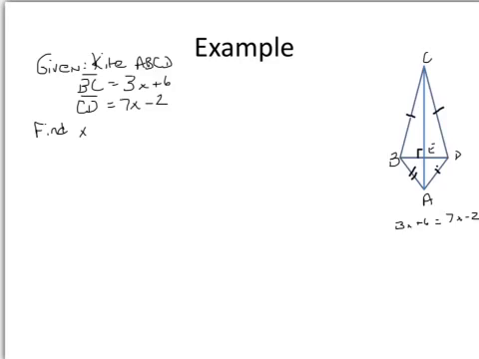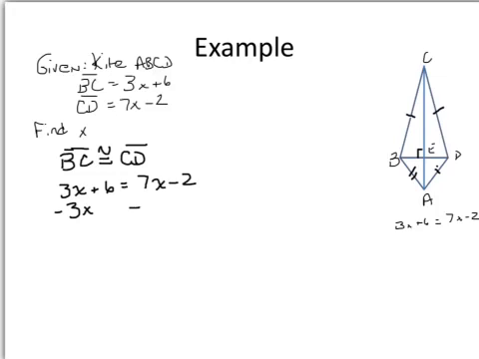So we know that side BC is going to be congruent to side CD. Does that make sense? Which means 3x plus 6 will equal 7x minus 2. Subtracting 3x from both sides and adding 2 to both sides, we get that 4x is equal to 8, so x is equal to 2.